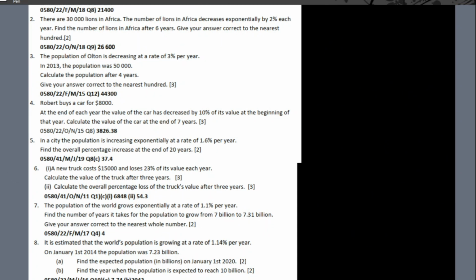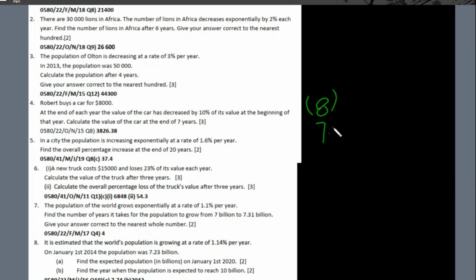which is, it is estimated that the world's population is growing at a rate of 1.14% per year. So on January 1st, 2014, the population was 7.23 billion. Find the expected population in billions on January 2020. So we need the population after 6 years.